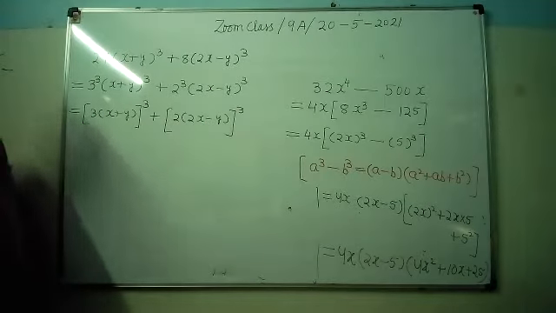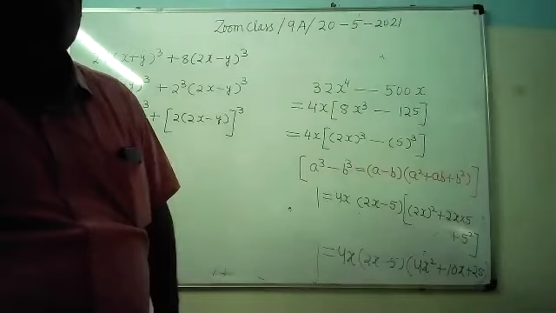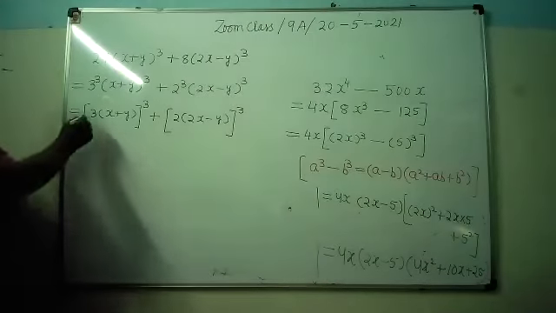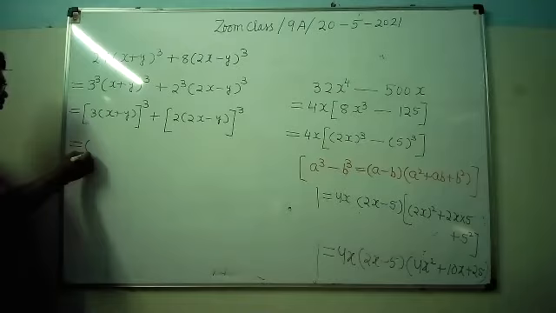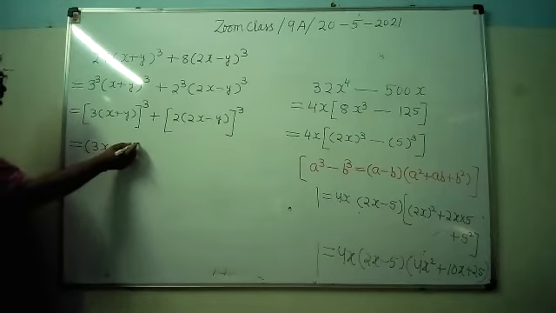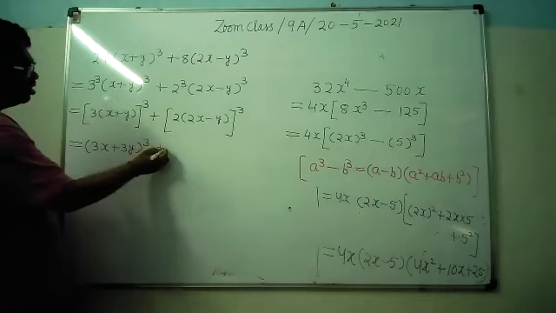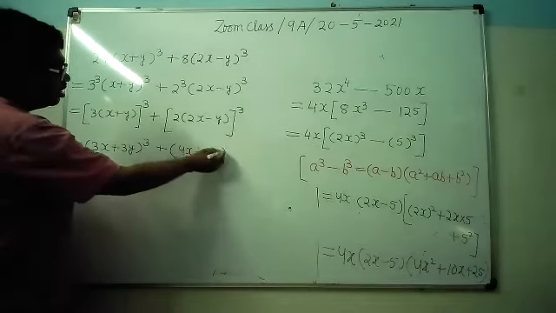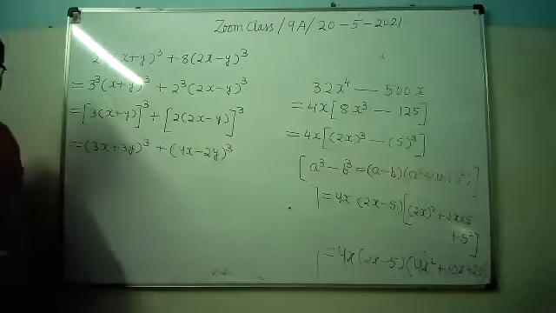So when you multiply, it will become 3x plus 3y whole cube. And here it is 4x minus 2y whole cube.